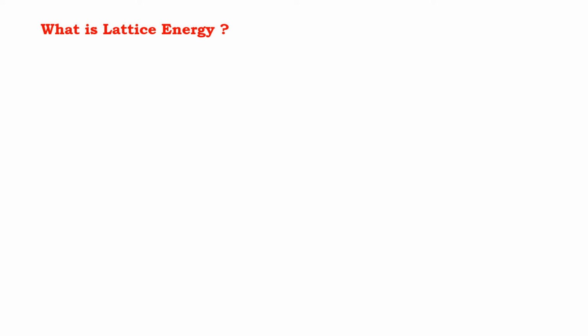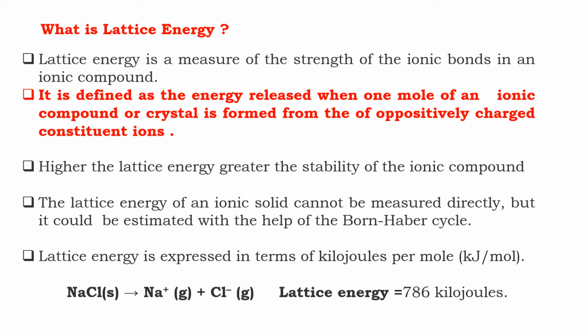So, when these two ions are brought together at a particular distance, energy is released, and this energy is called lattice energy. So, it measures the strength of the ionic bonds. That means higher the lattice energy, greater the stability of the ionic compound.